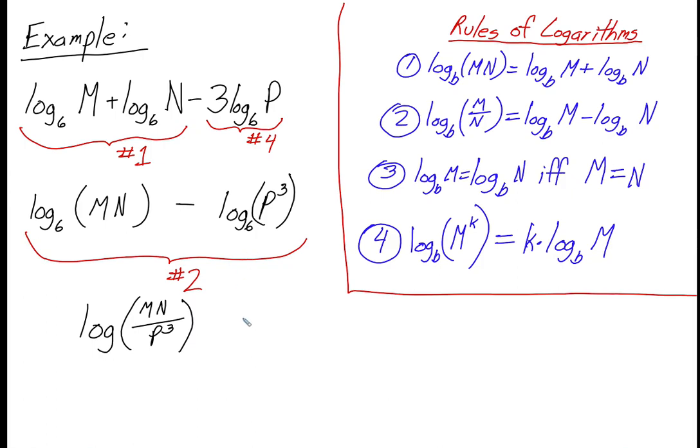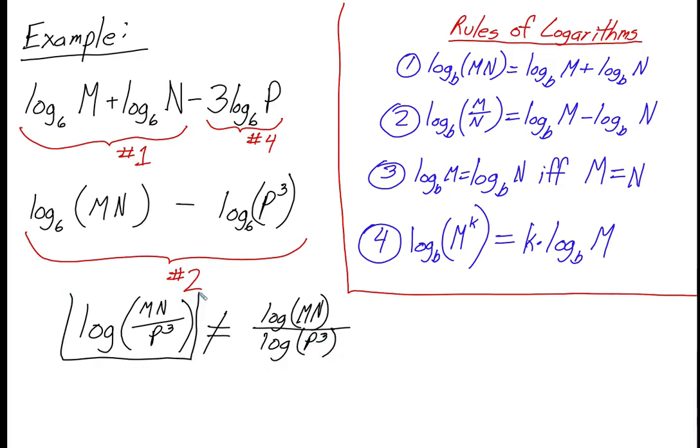As an informational note, one common mistake that I will see here is we'll forget where the fraction goes. This is not the same as saying the log of mn divided by the log of p cubed. This is the correct way to apply rule number 2.